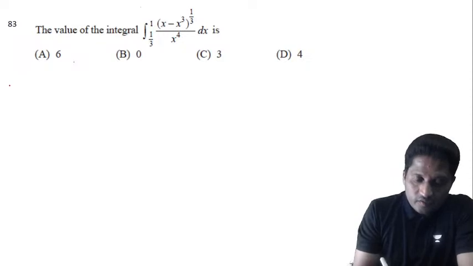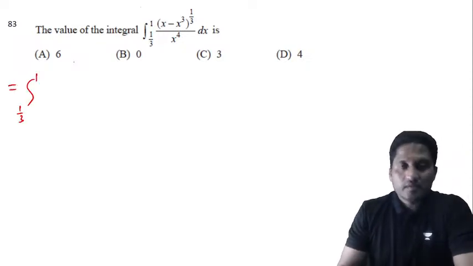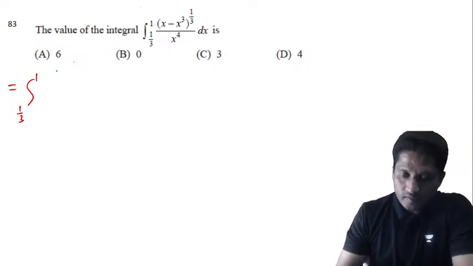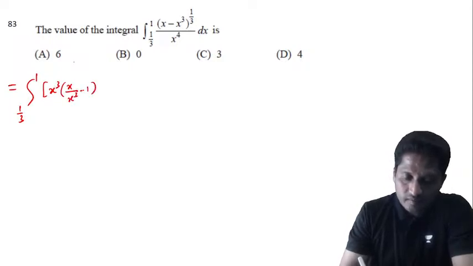Question number 83. This is integration of, follow carefully, 1 by 3 to 1. If I take x cube common, highest power out, this is x cube into (1 by x square minus 1) whole to the power of 1 by 3, whole divided by x to the power of 4 dx.